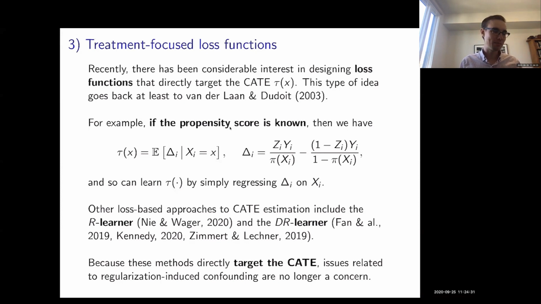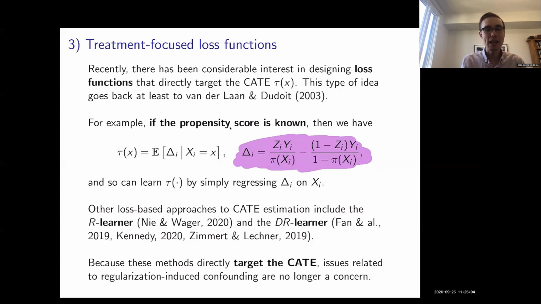In causal inference, I think the first paper I'm aware of that really pushes this perspective is van der Laan and Dudoit in 2003, but it's entirely possible I'm missing something. In this category, one simple procedure that directly targets the treatment effect: if the propensity score is known, you can create these transformed outcomes, delta i, and then check that tau of x, the conditional average treatment effect, is just the conditional expectation of delta i given x.